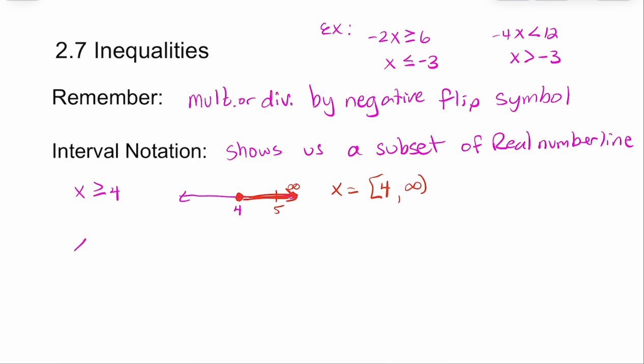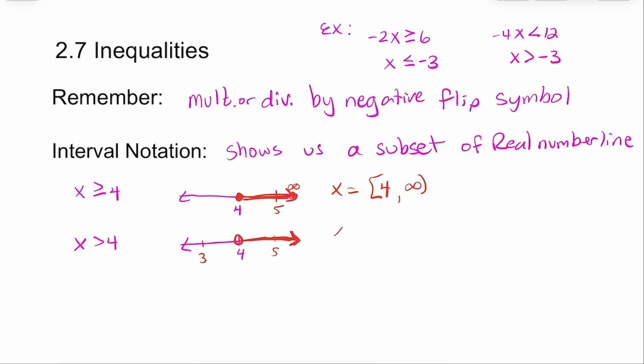So let's say we have just a greater than. What's the difference? Well, think about what's the difference on our number line. This time, we're going to have an open circle at 4. You might recall, open means you're not allowed to be equal to it.